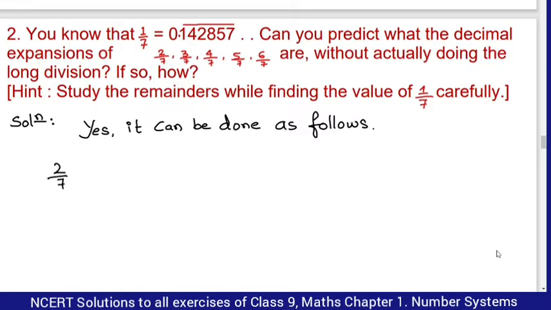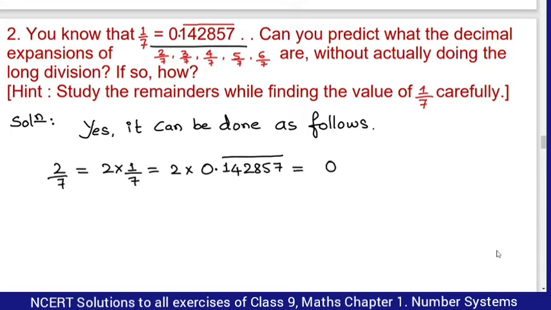2 by 7 is equal to 2 into 1 by 7, value given as 0.142857 whole bar. Now multiply these two numbers, it will be 0.285714 whole bar.